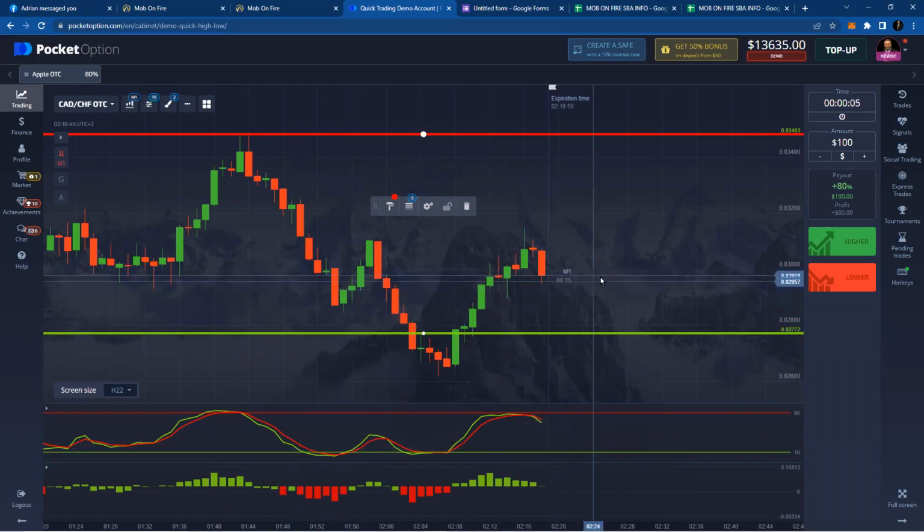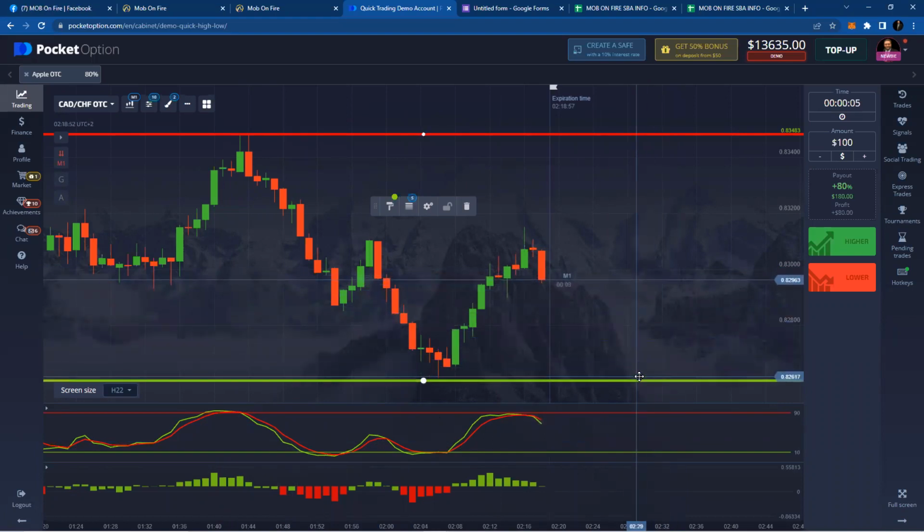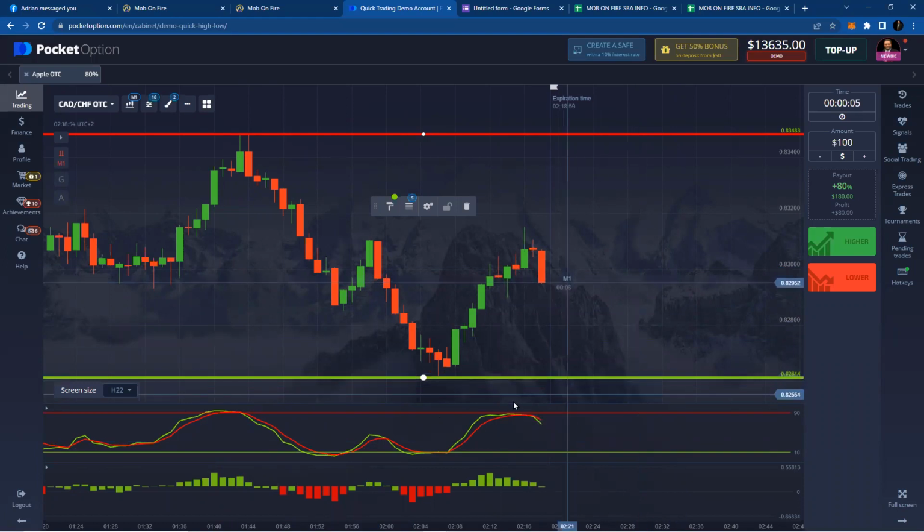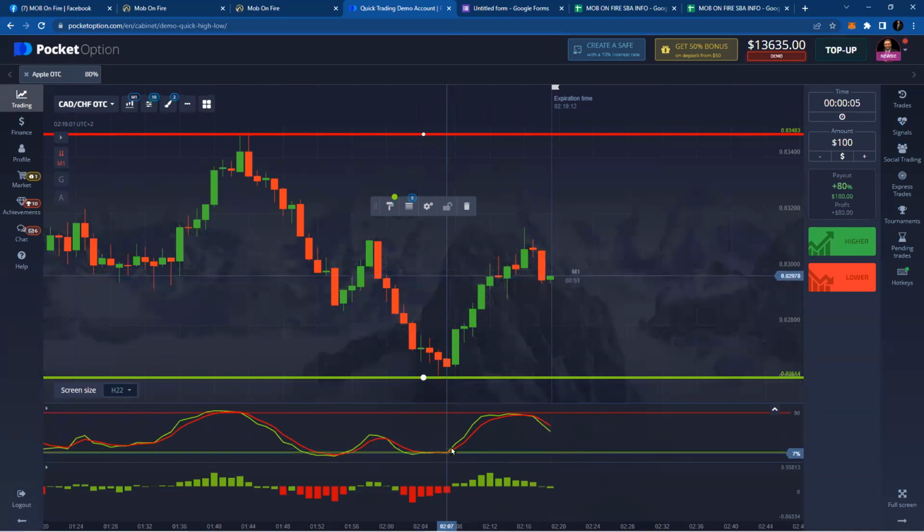Okay. The next level that I'm going to mark is my support. I take this line over here and I'm going to bring it down here, right on this red candle, right at the end of the wick. Why did I do that? Because that's the point where price left the 20, which is the lowest point. Okay, so that's my support.